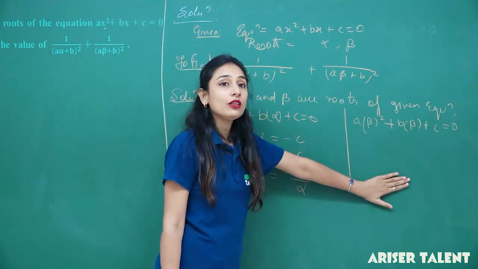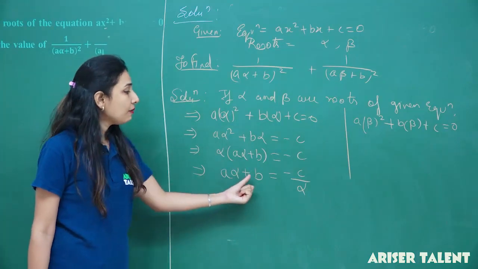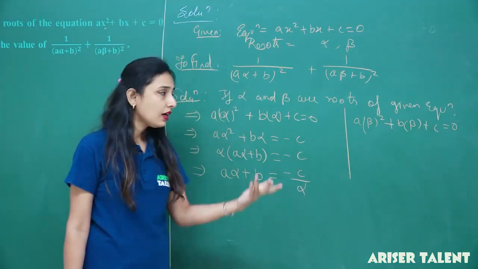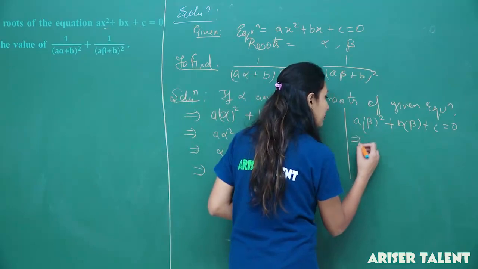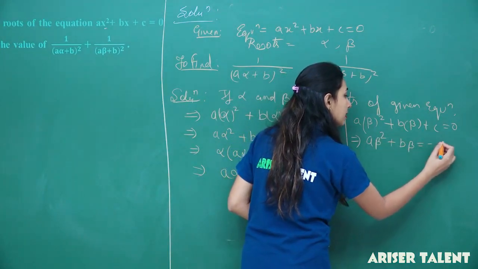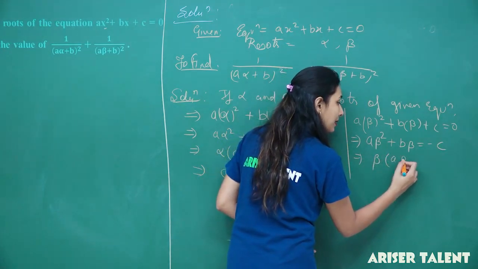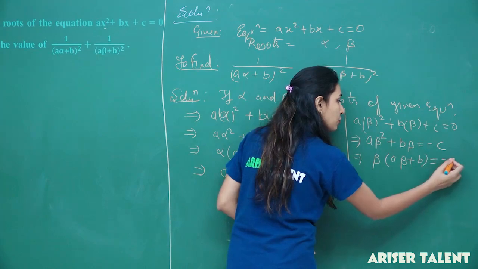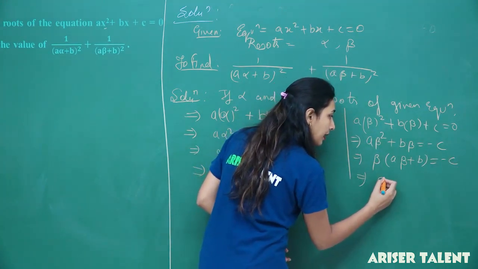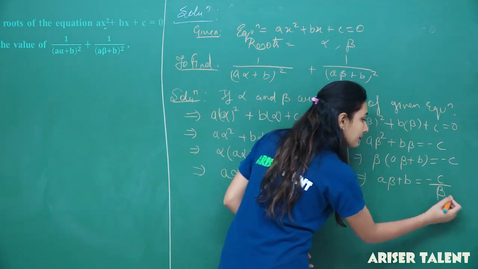In the same way you will get a beta square plus b beta equals minus c, then taking beta common, a beta plus b equals minus c by beta.